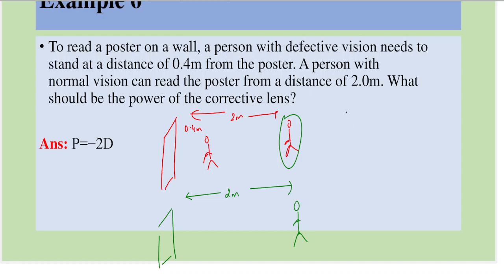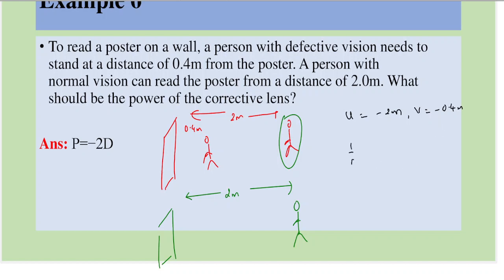So here, u is equal to minus 2 meter because the person should look at the object at a distance of 2 meter. And by the sign convention, if you use a corrective lens, then u will be negative. And also that corrective lens, as seen in the earlier numericals, would form an image at a distance of 0.4 meter from the eye, because from there the eye can see it clearly. But by sign convention it will be negative.